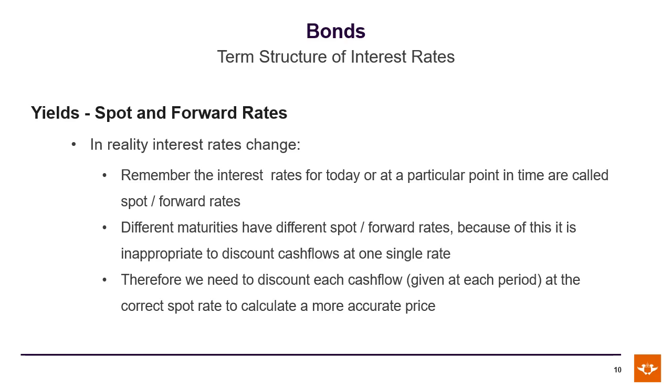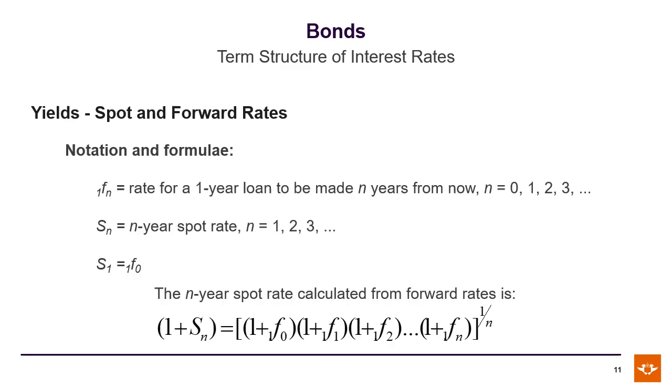Before we move on, we're going to introduce some notation. And the notation 1FN refers to the interest rate for a 1-year loan that will be made n years from now.